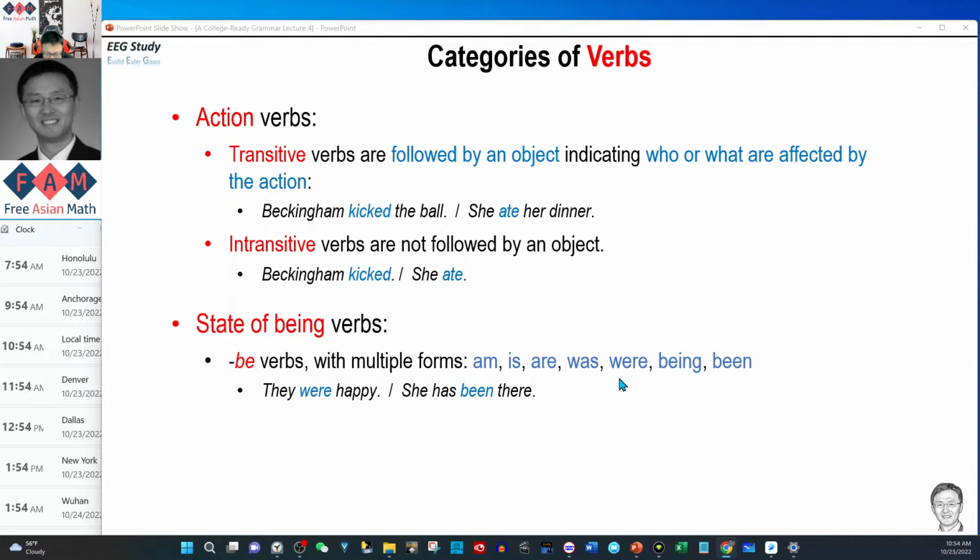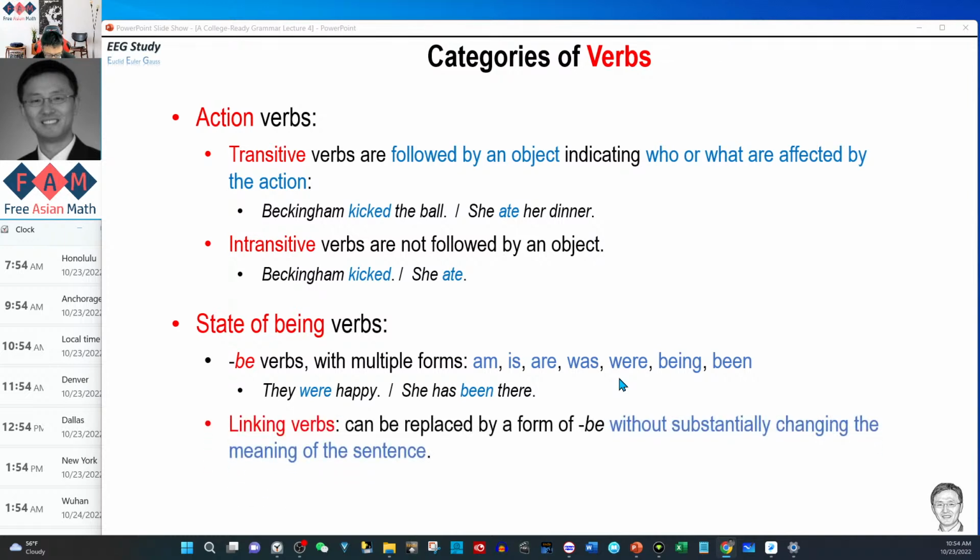He has been there. Those are also just be verbs. And linking verbs, as I already mentioned, can be replaced by a form of the be verb without substantially changing the meaning of the sentence.